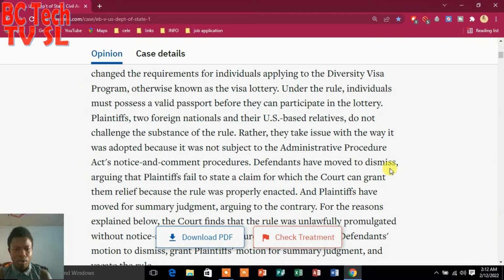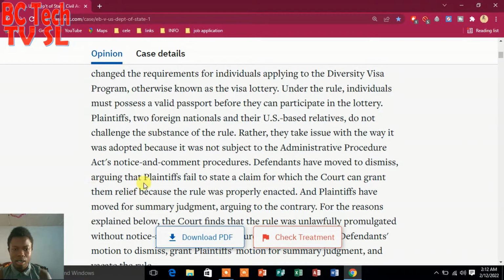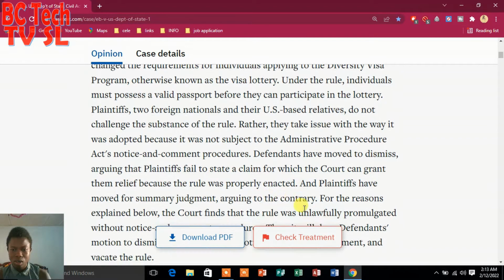Defendants have moved to dismiss, arguing that plaintiffs fail to state a claim for which the court can grant relief because the rule was properly entered, and plaintiffs have moved for summary judgment, arguing to the contrary.